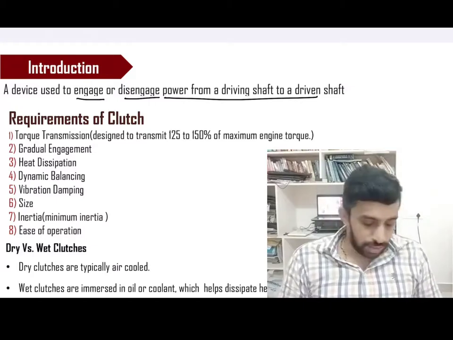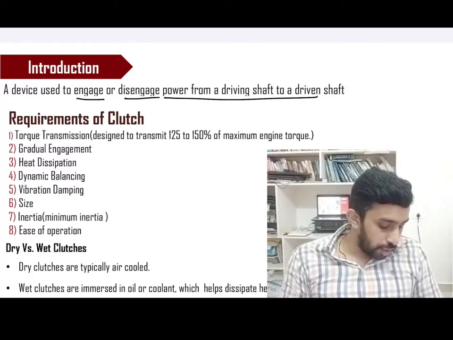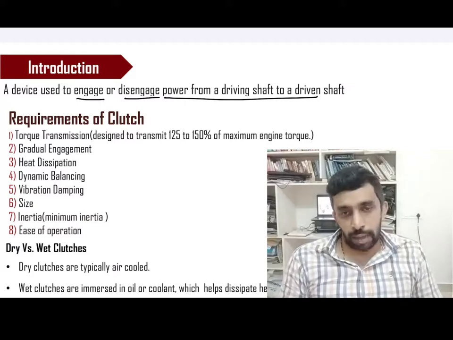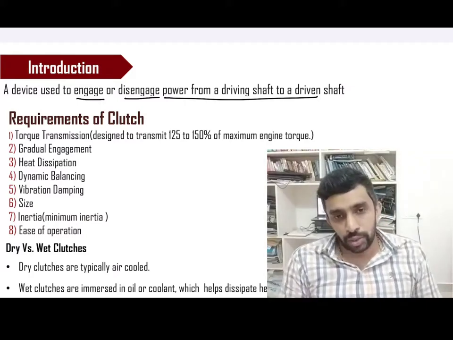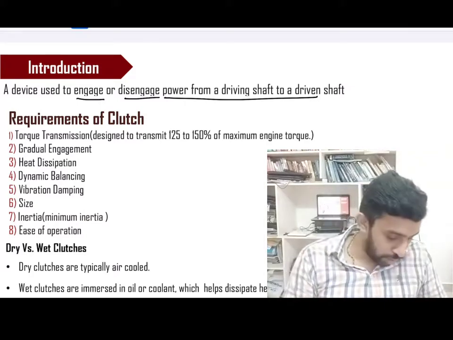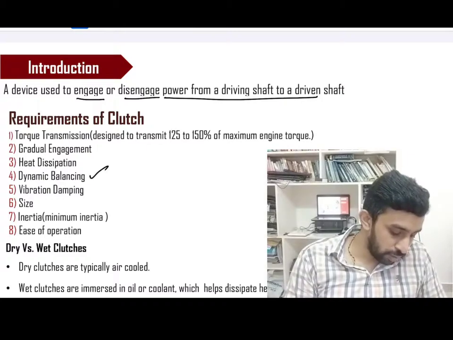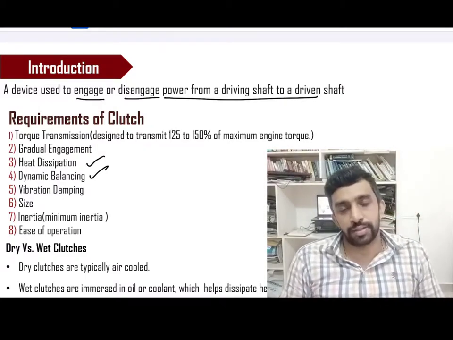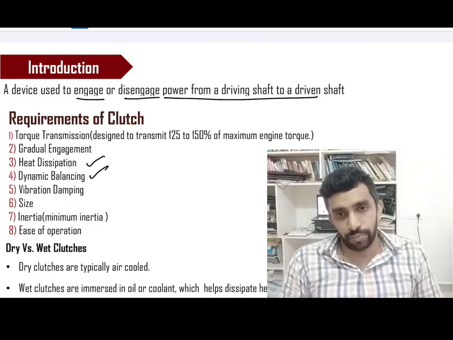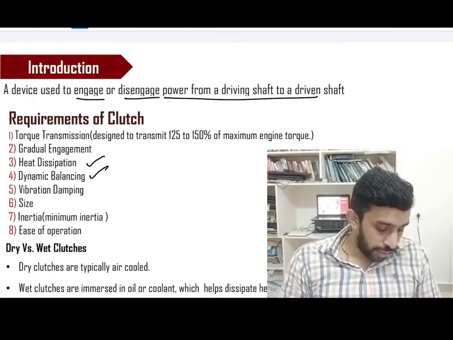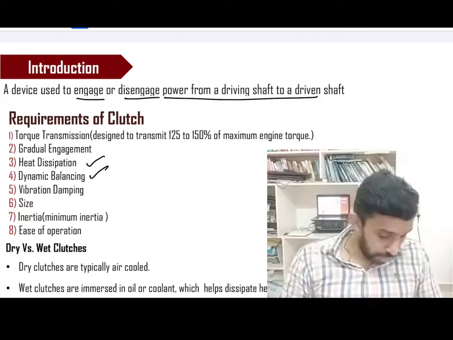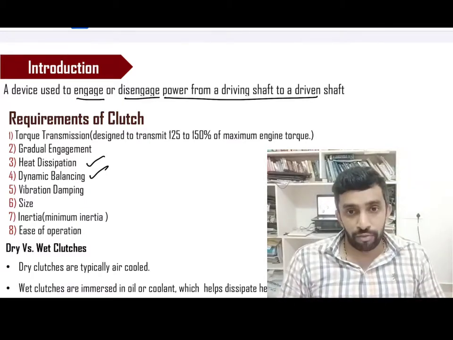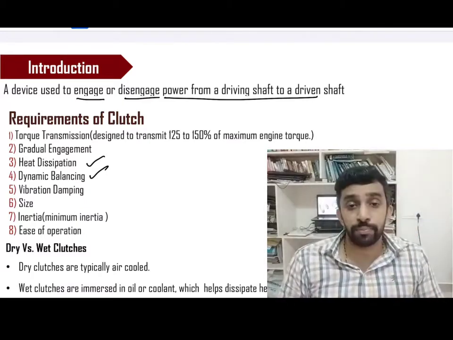And the fourth important thing is dynamic balancing, because we know that it has to transmit motion from one portion to another. Even if there is a slight unbalanced mass in the system, it is going to affect it. So it has to balance dynamically, and it should have a good vibration damping property.